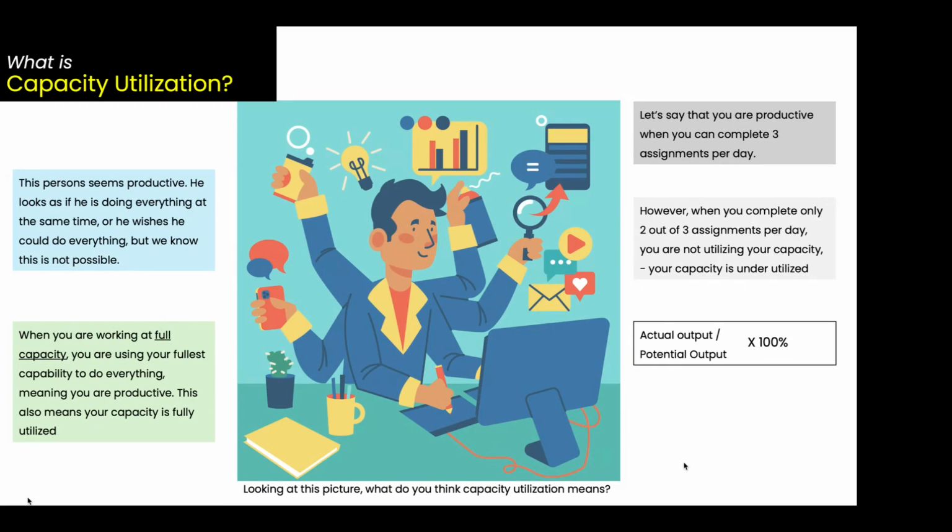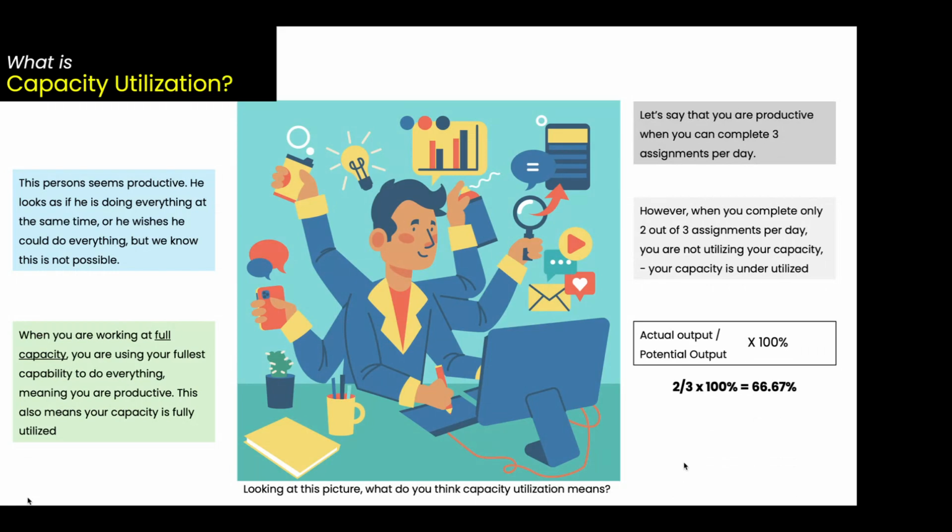In measuring capacity utilization, just to give you a simple idea, you look at the actual output, how much you are producing, over the potential output, how many assignments you could actually produce, which is 3. To make it a percentage, you multiply by 100%. So 2 out of 3 assignments completed gives you a capacity utilization of 66.67%, and not 100% because you're not able to complete all 3.